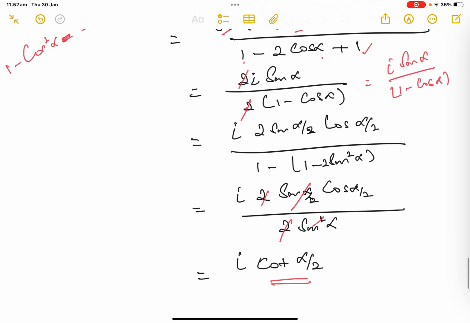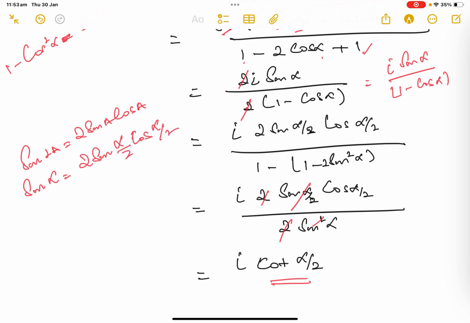Students should know that sin 2a equals 2 sin a cos a. So instead of sin alpha, I keep the i there and put 2 sin alpha by 2 cos alpha by 2.